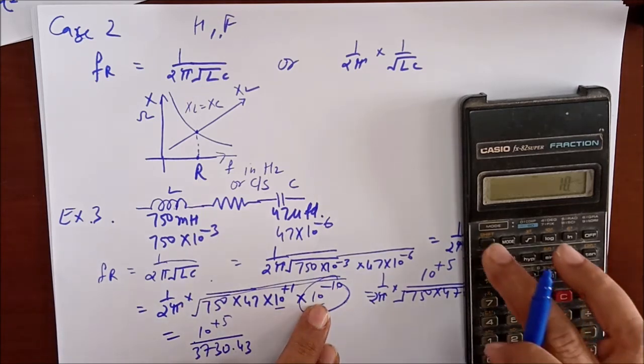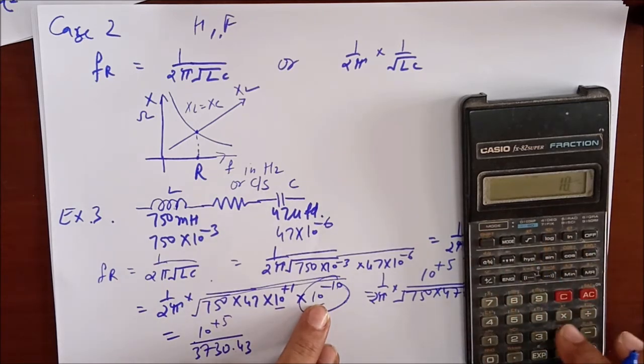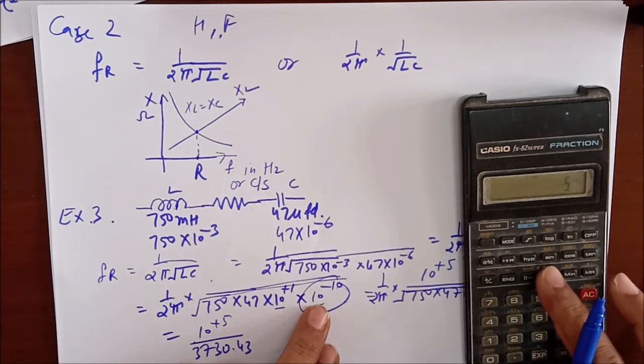So 10 raised, shift power x square y is equal to 5, bracket close.